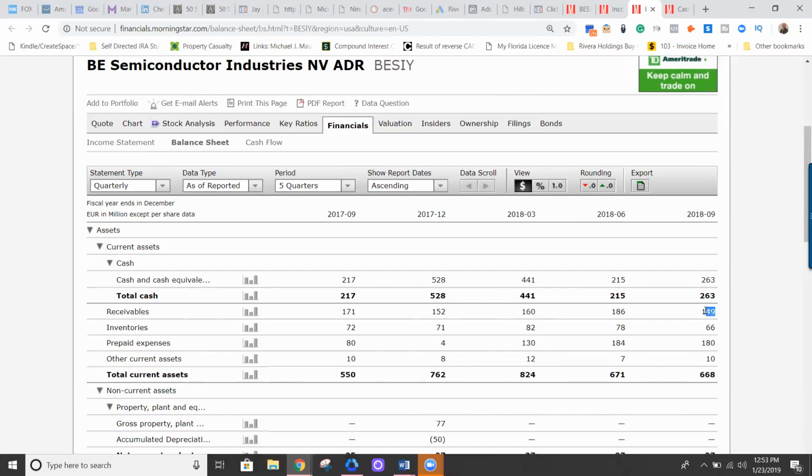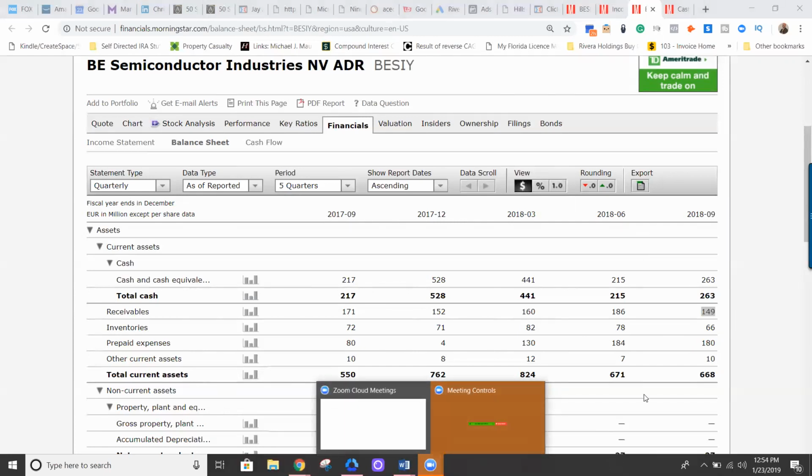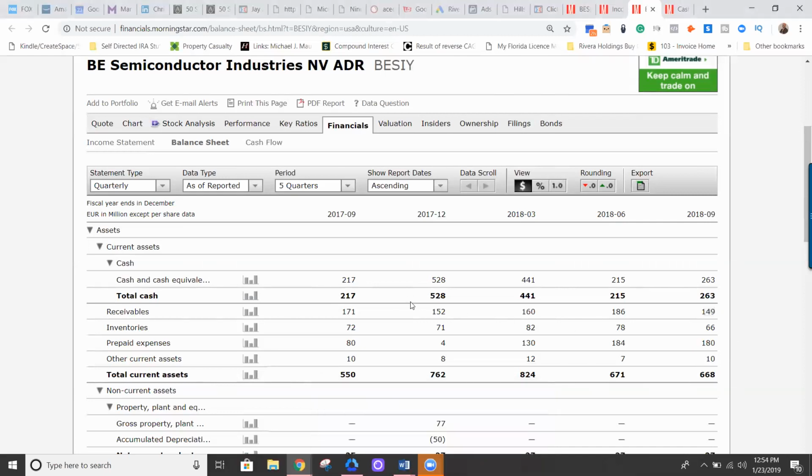Yes. So which number would we compare this to for the annual year-over-year change in working capital? What of these numbers would we compare this to? 2017-09, 2017-12, 2018-03, 2018-06. Which of these do you guys think? Perfect. So yes, compare this number to this number. This number to this number. That makes sense, guys?